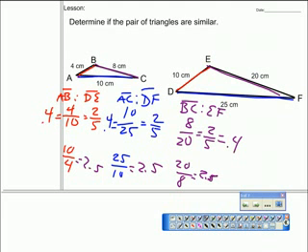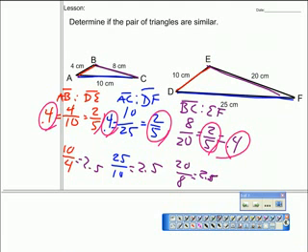So in either way, do I get the same numbers? Heck yes. I get 0.4, 0.4, 0.4, or 2/5, 2/5, 2/5. So are they similar? Yes. So triangle ABC is similar to triangle DEF.